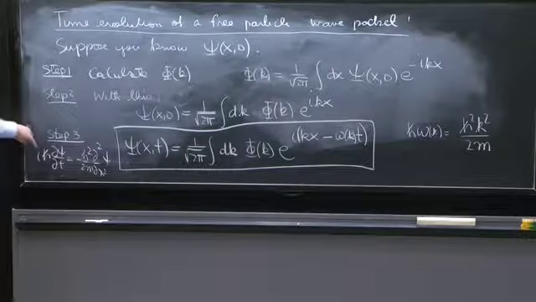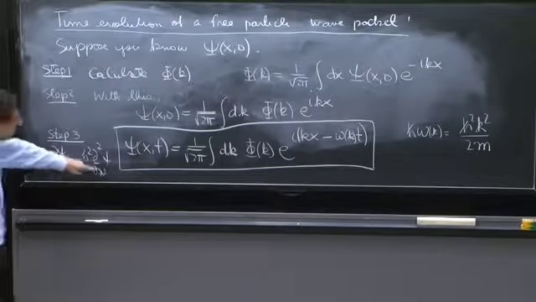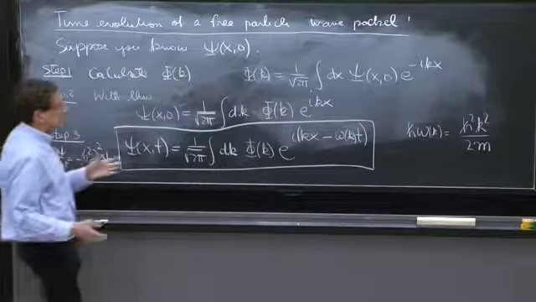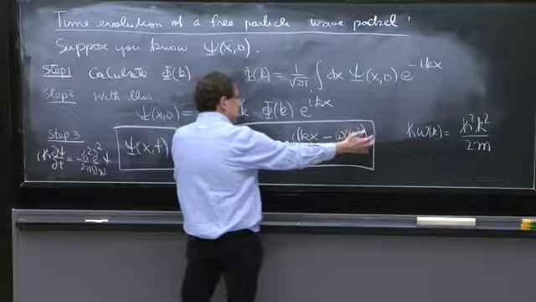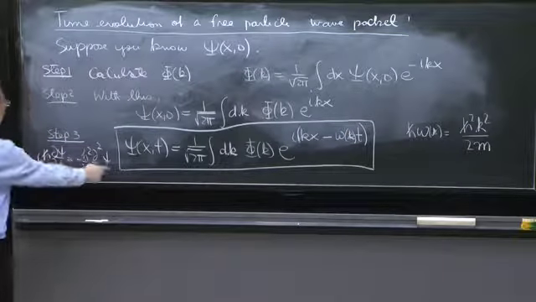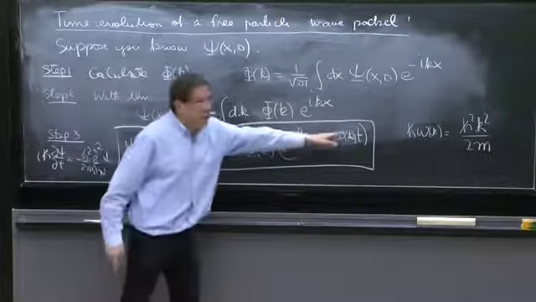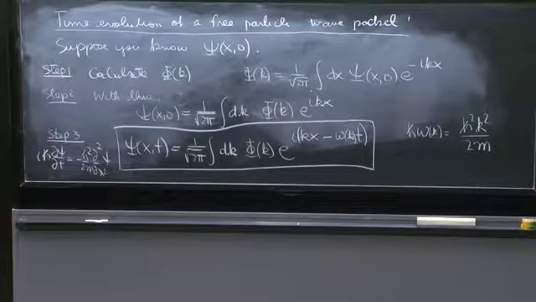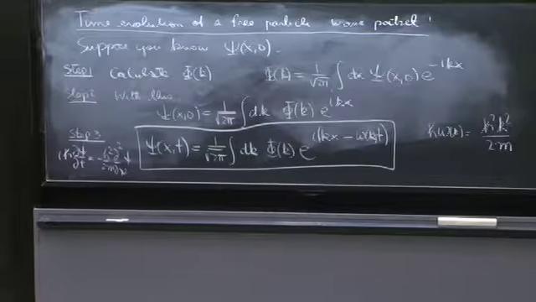Well, you can act with i h bar d dt on this thing, and all that happens is that it all concentrates on this thing. And it solves this because it's a plane wave. So this psi of x and t solves the Schrödinger equation. It's a superposition of plane waves, each of which solves the free Schrödinger equation.